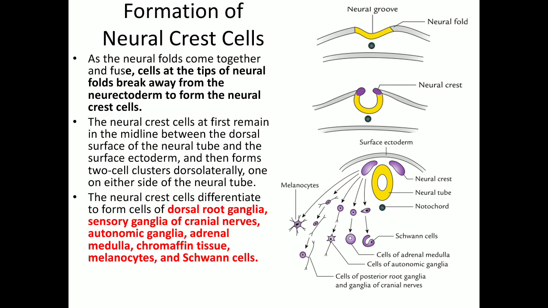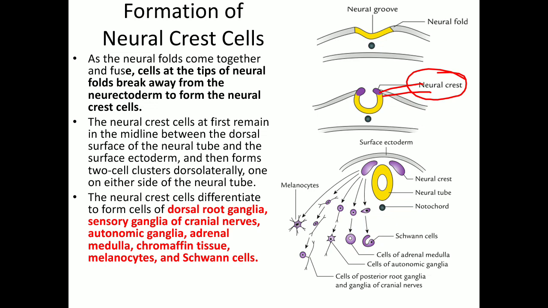Now we come to the neural crest cells, a very important type of cell, also important from the exam point of view. As we have discussed earlier, when the neural folds come closer to each other, the cells present at the tip of the neural fold are called neural crest cells.